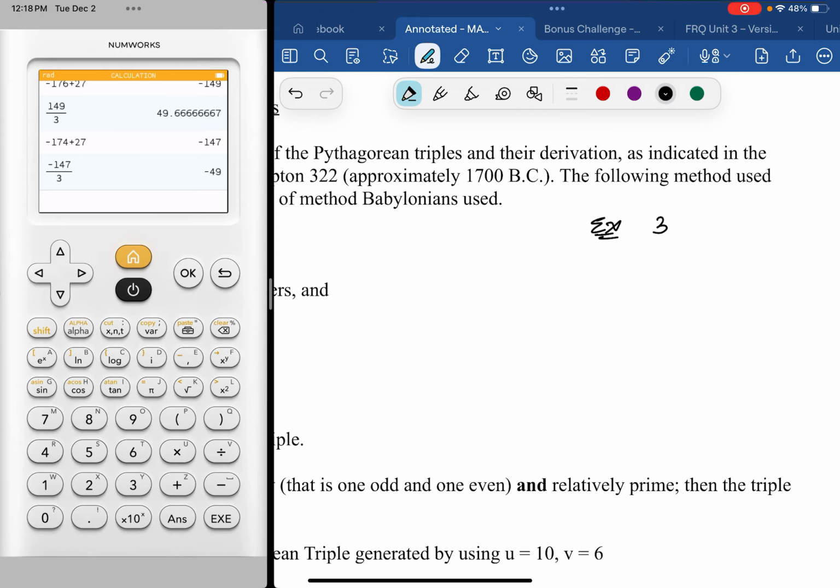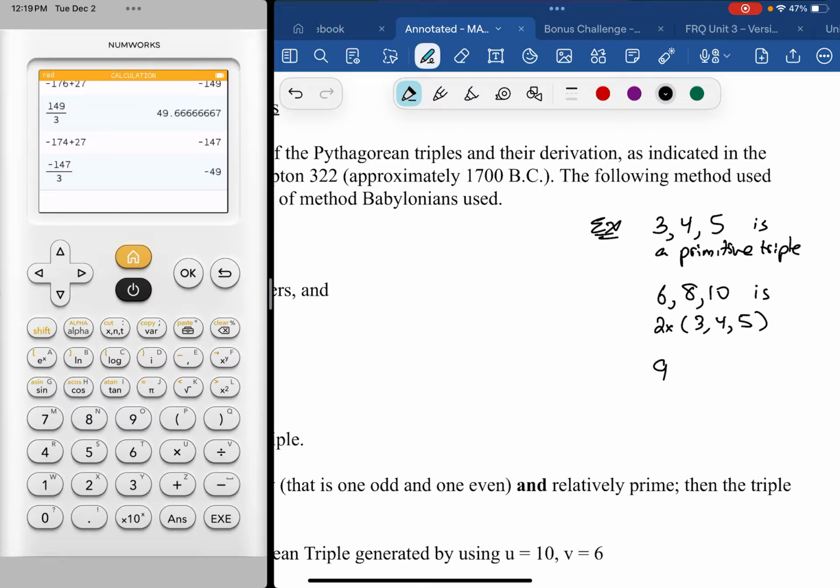So for example, this is a triple, 3, 4, 5. It is a primitive triple. If I did 6, 8, 10, that's 2 times 3, 4, and 5. So 3, 4, 5 serves as the basis for another triple, 6, 8, 10.